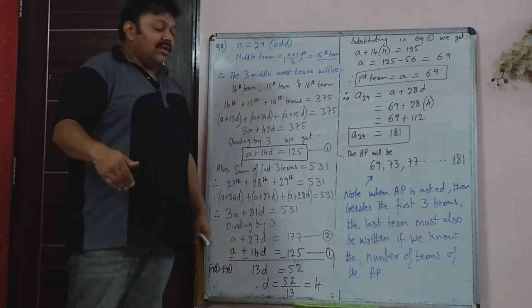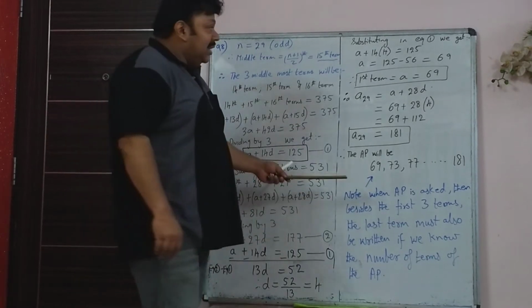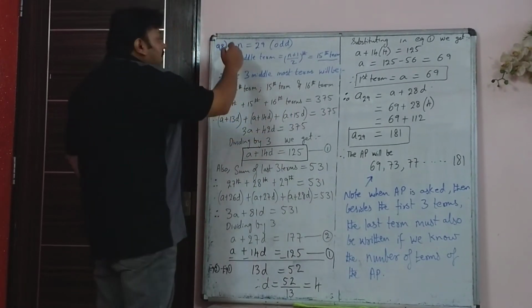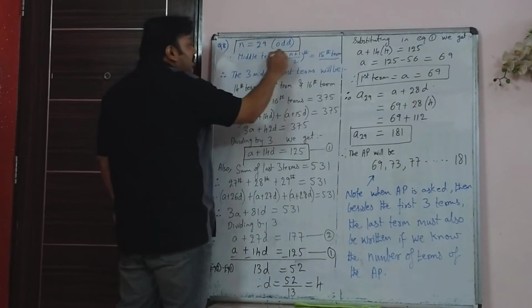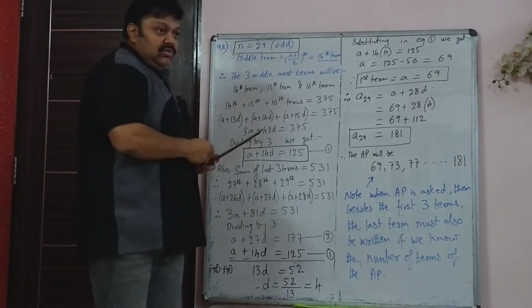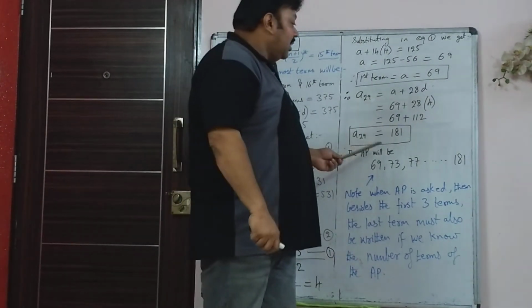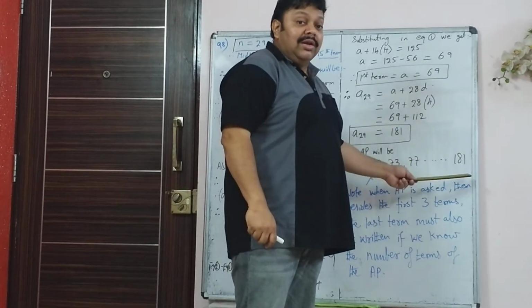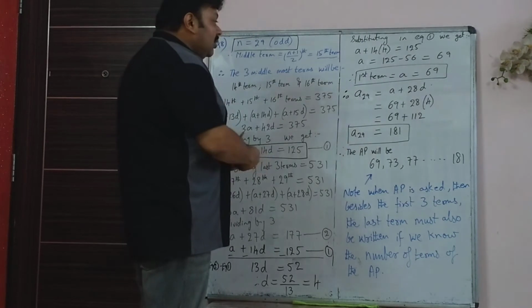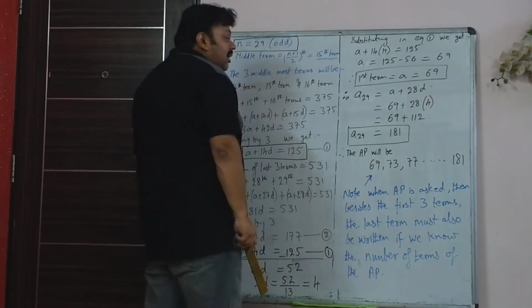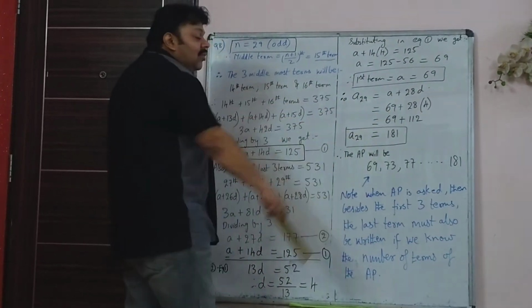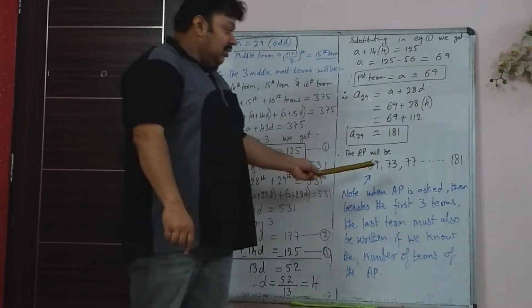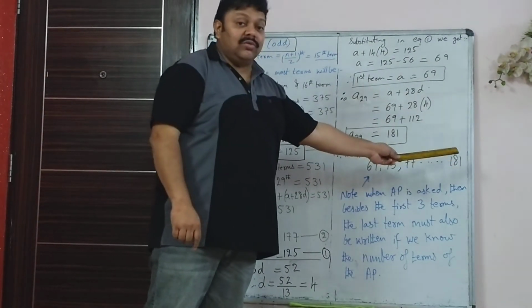So 69, 73, 77, but since it is very clearly told that you have 29 terms, you have to find the 29th or the last term also. So the 29th term is a plus 28d, so that will give you 181. So the last term also has to be written.